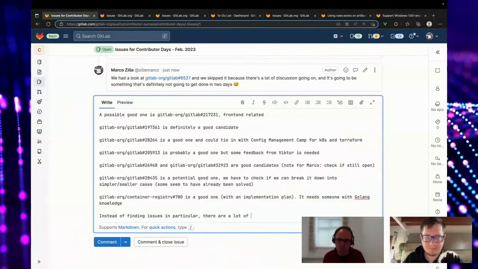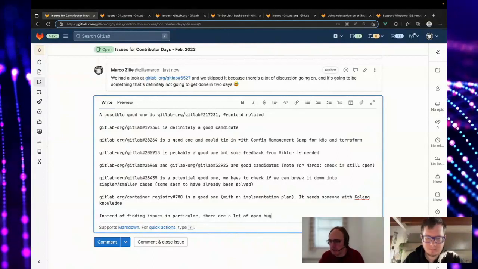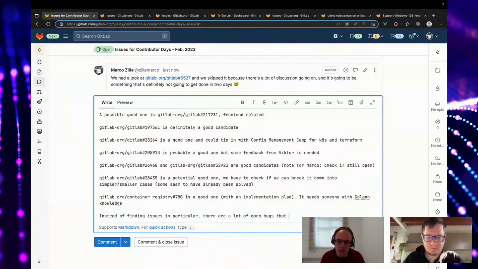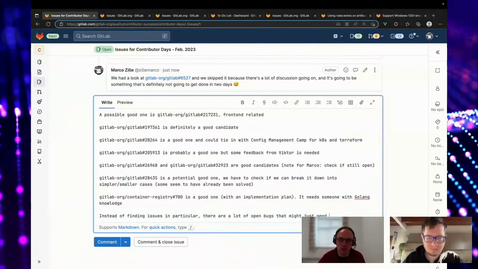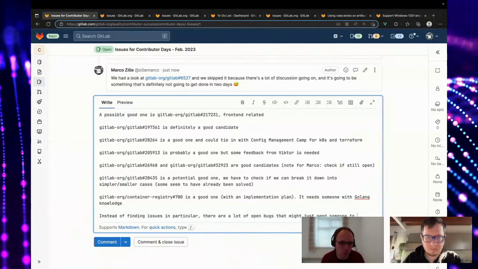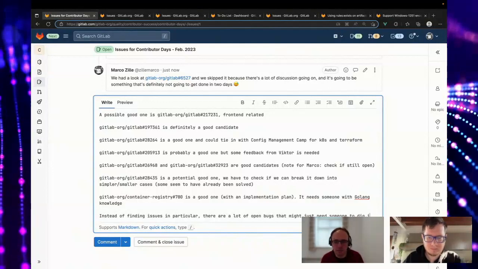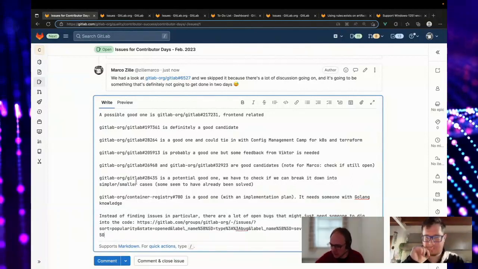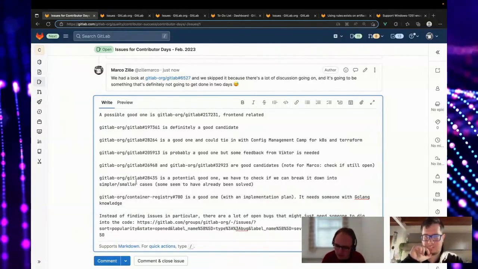But a list like that might be good for someone who has contributed before, or maybe knows Rails or Golang a lot more and feels more comfortable just jumping in and trying to debug something.